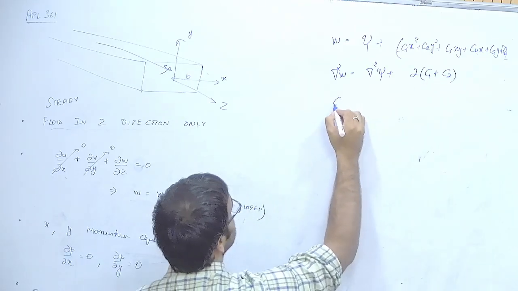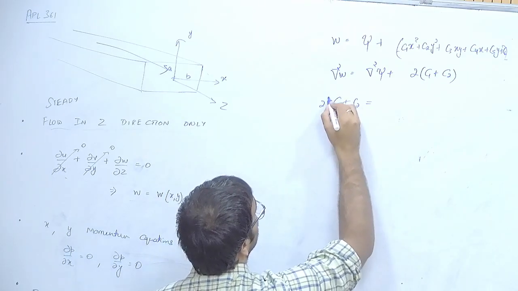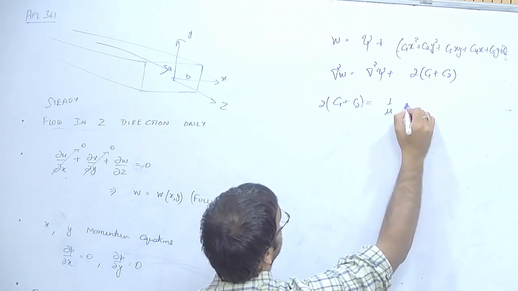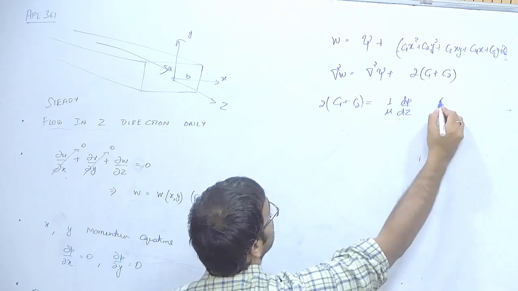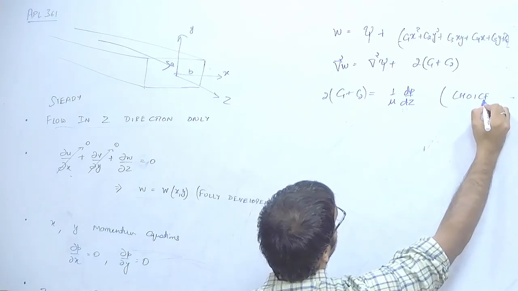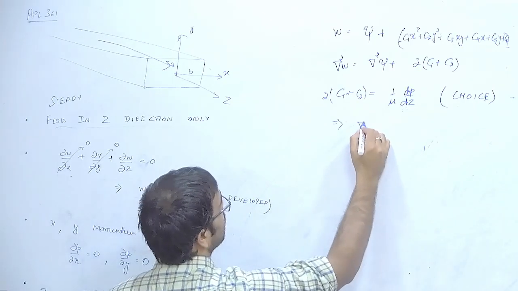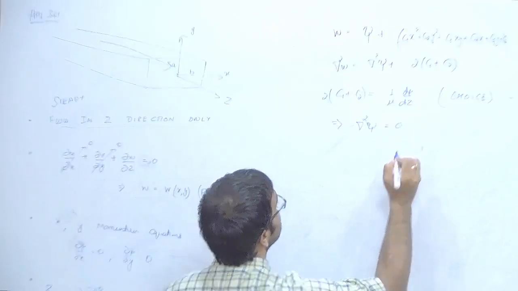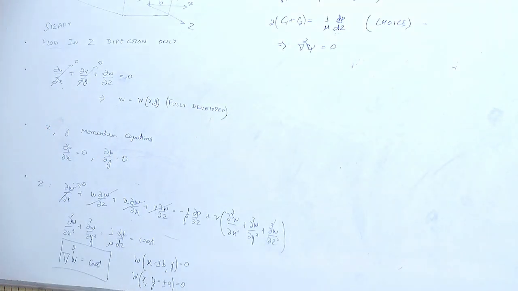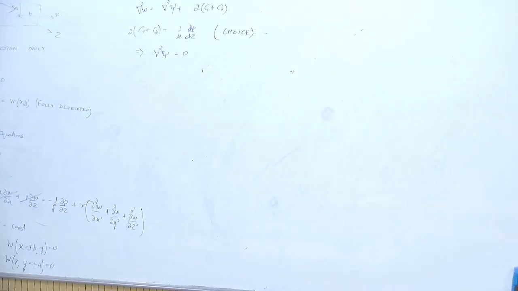So, if we choose 2 times C1 plus C2 such that it is 1 by mu dp dz, this is a choice that we make, then del square psi becomes 0.